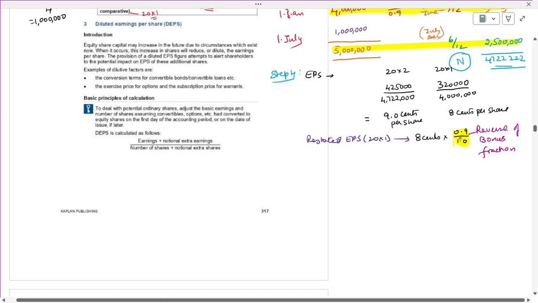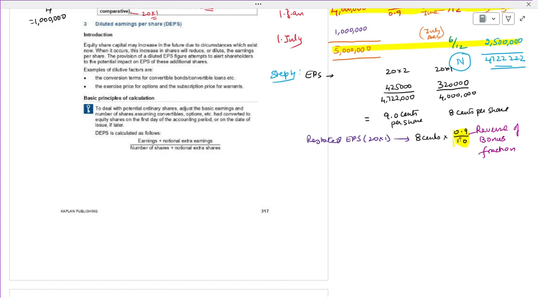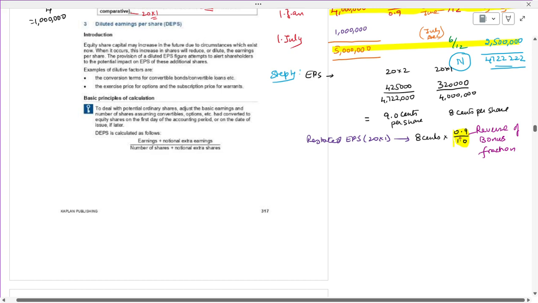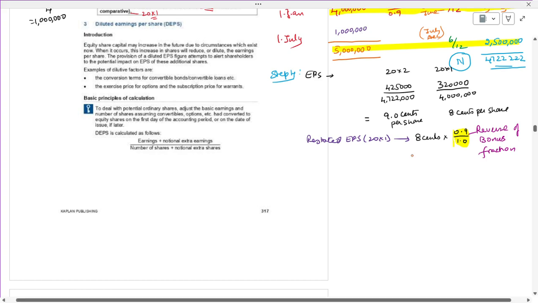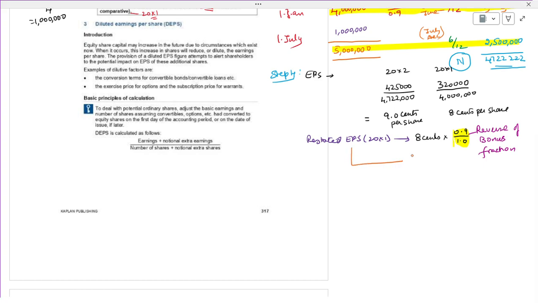Restated means you have to go back, as if it had been from the beginning. 8 multiplied by 0.9 divided by 1 comes to restated EPS of 7.2 cents per share.